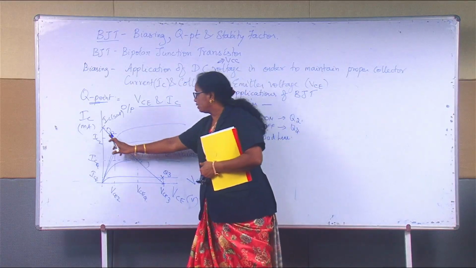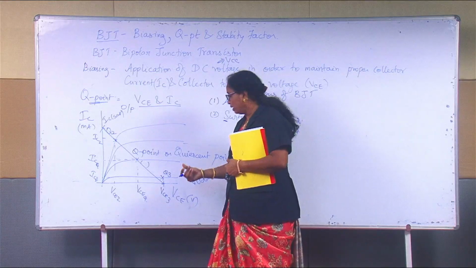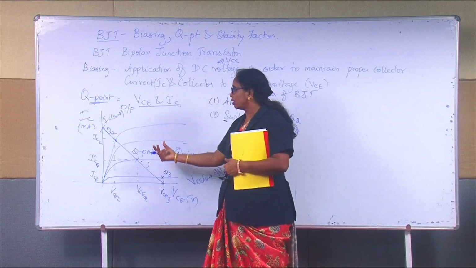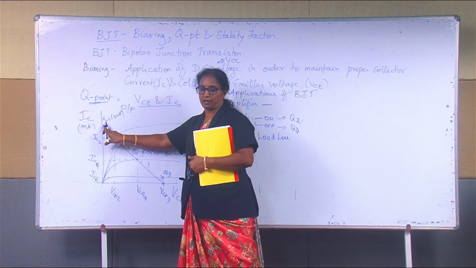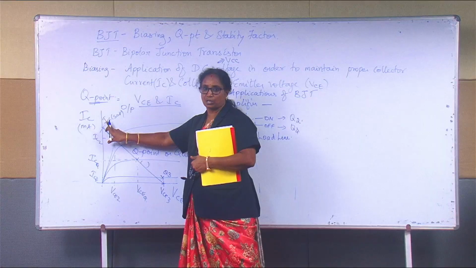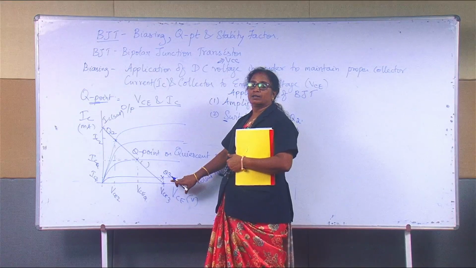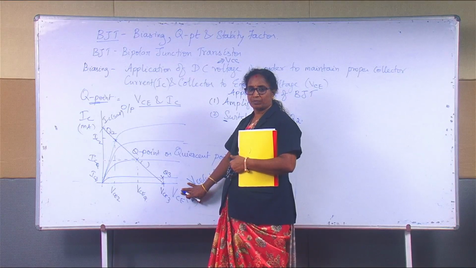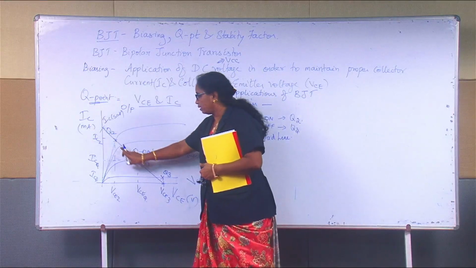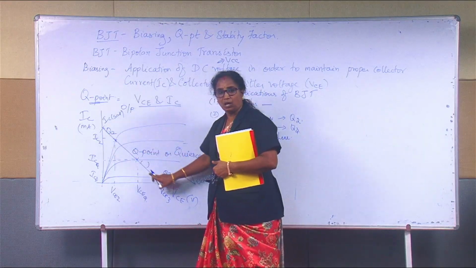The line joining these 2 points will give you the DC load line. So, in detail, what is this VCE cutoff and what is this IC SAT? IC SAT is the maximum collector current for any given biasing circuit. VCE cutoff is the collector to emitter voltage when the device is in off condition. So, if I join these 2 points, then I get a DC load line.